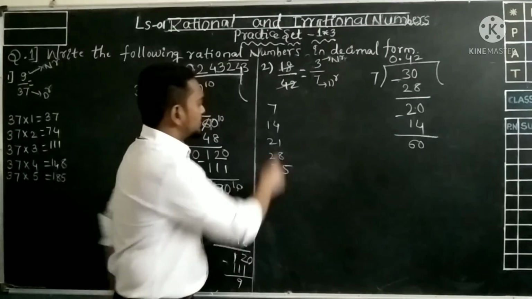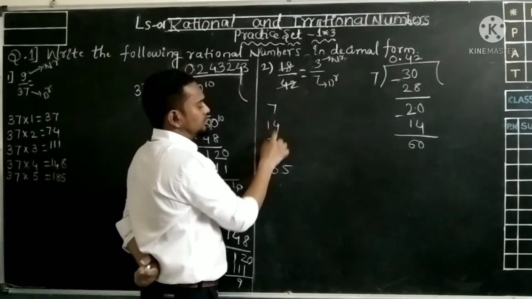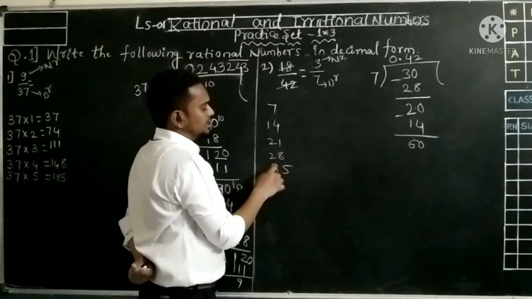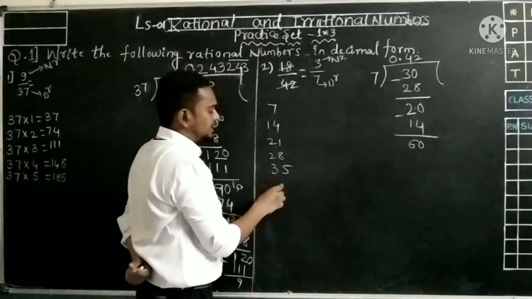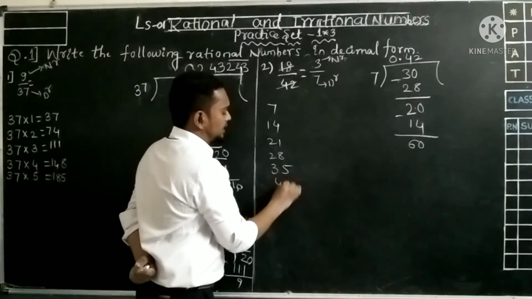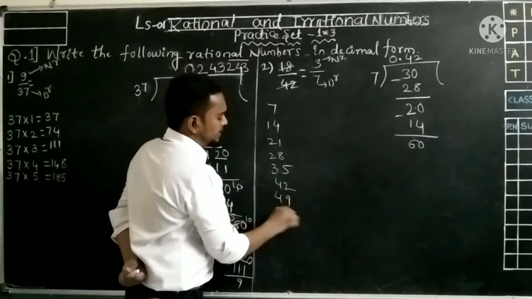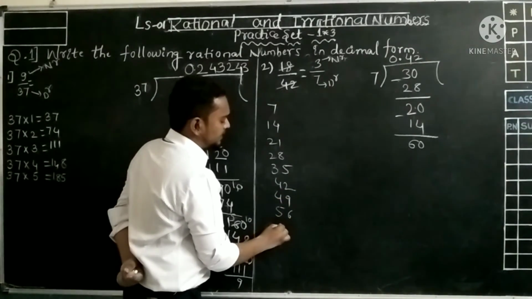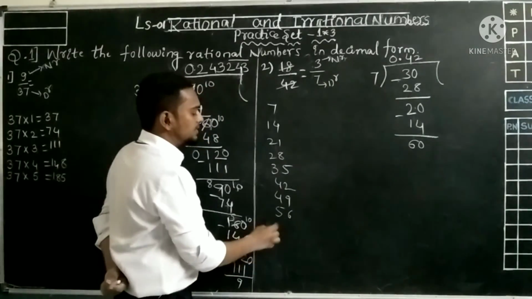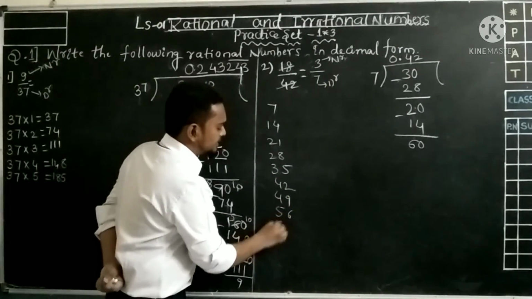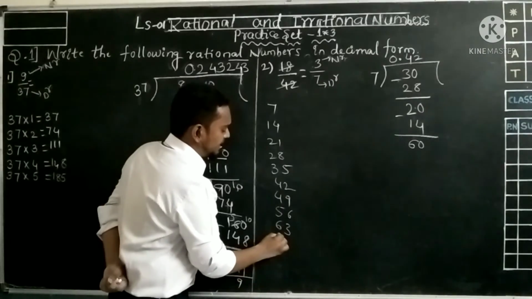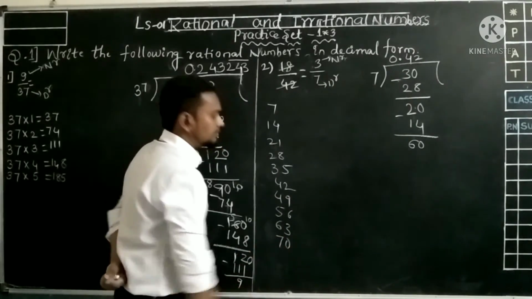Therefore, 7 1s are 7, 7 2s are 14, 7 3s are 21, 7 4s are 28, 7 5s are 35, 7 6s are 42, 7 7s are 49, 7 8s are 56, 7 9s are 63, 7 10s are 70.